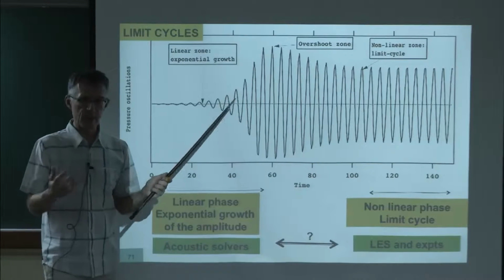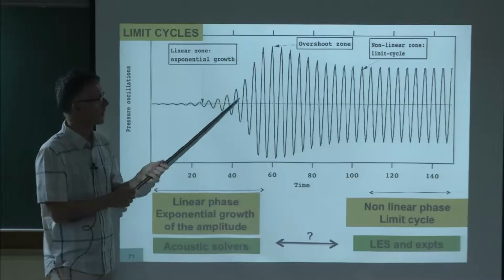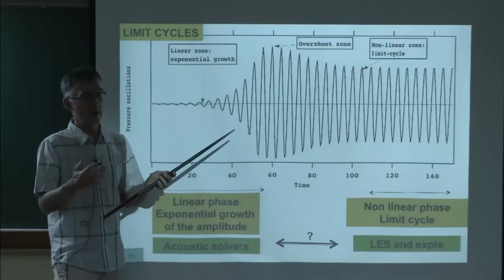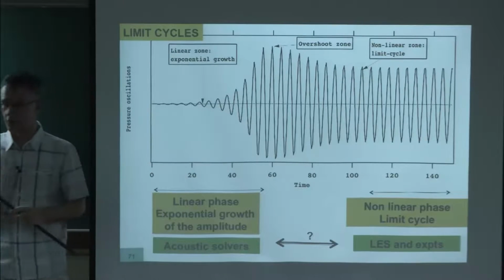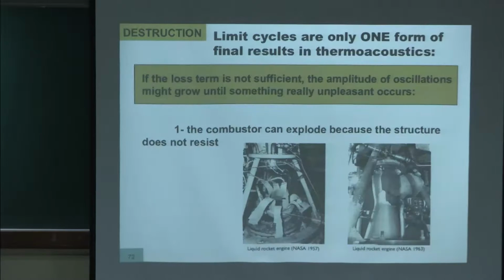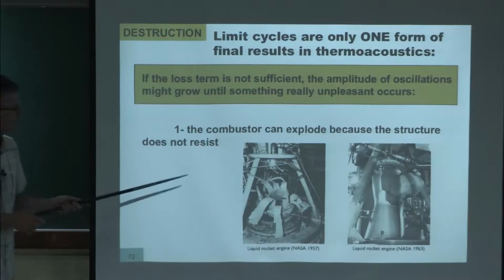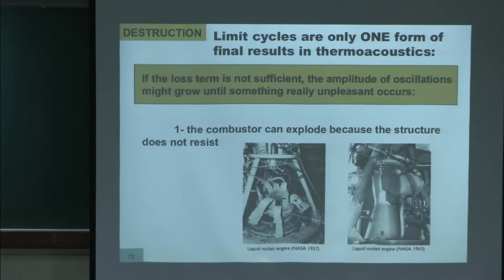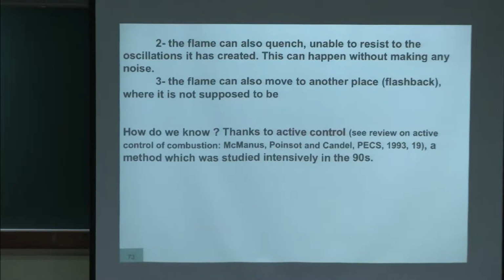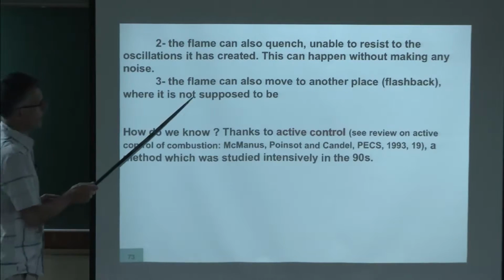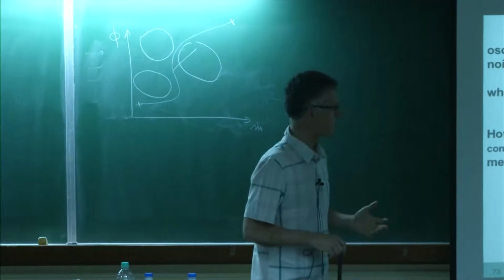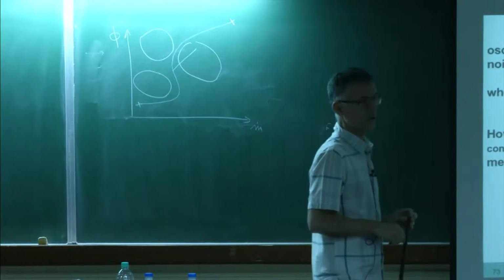If you don't have this kind of safety system, if it's a rocket engine, it might just explode there. And that's the end of the engine too. Or the flame can quench. It's also the end of the session. Other things may happen. The flame can also move to another place. That's what we call a flashback. If you have a flashback, then you're also in trouble.